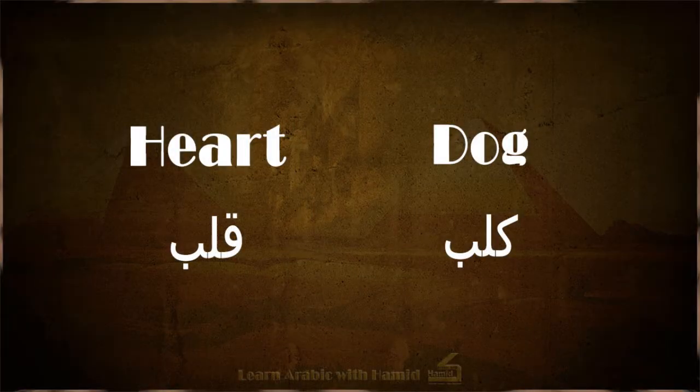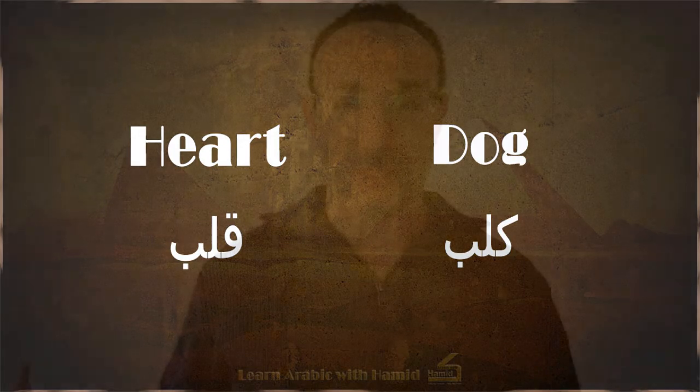If we say kalb, it means a dog, kalb in Arabic. So qalb, heart. If we have kalb, it's a dog. So it's another meaning, it's another word. So you can sense the difference.